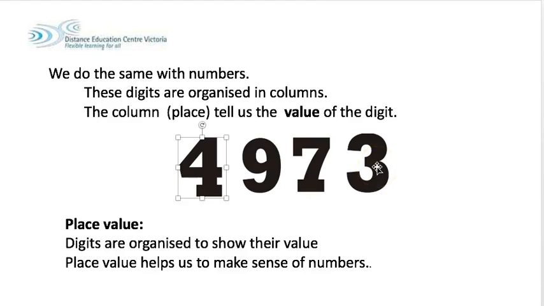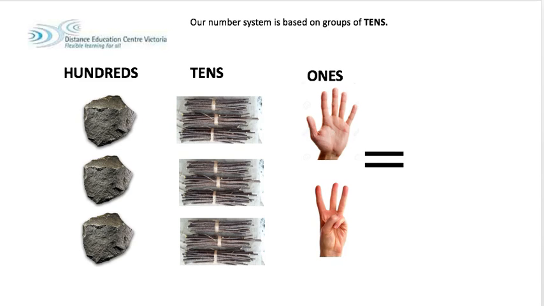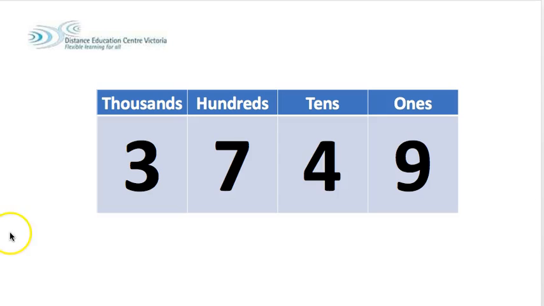Because that is how we decided, when we go back to this one, when we have 10 ones, we make 1 ten. When we have 10 tens, we make 100. So we're continuously counting and exchanging. This is how the place value chart looks.